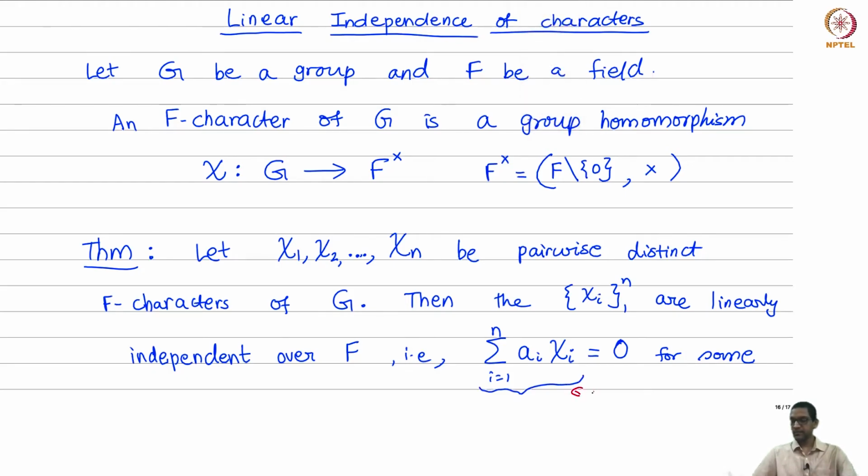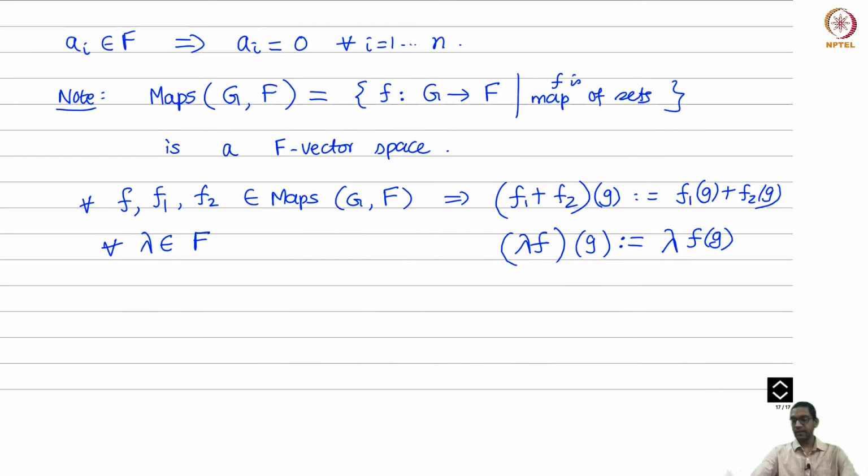Think of this as now a map from G to F, which is basically a pointwise linear combination, right? On every element g of the group G, you just have to compute summation ai chi i of g. Okay, so in this vector space, this is a set of linearly independent elements. That's the content of the theorem. Okay, so let's prove this now.